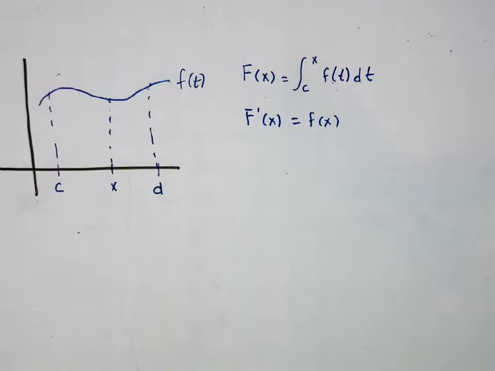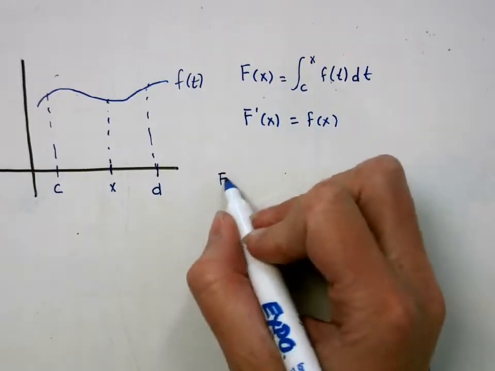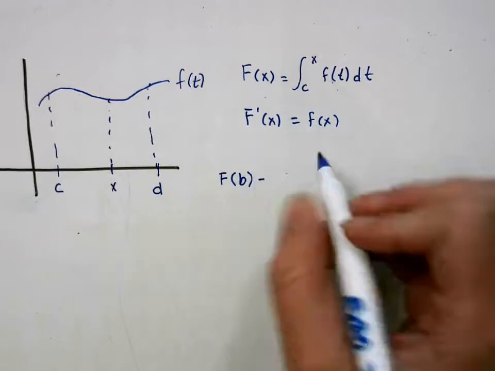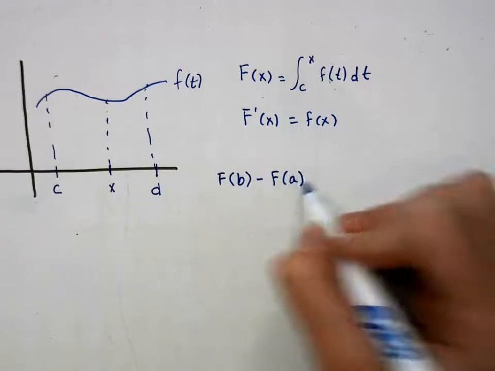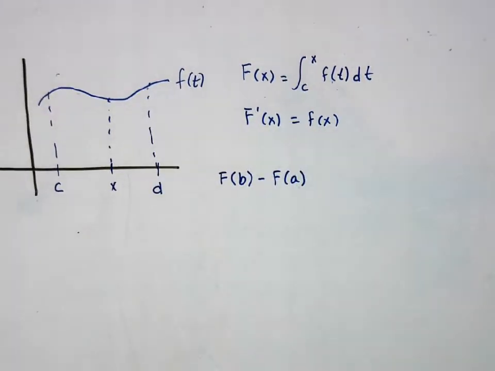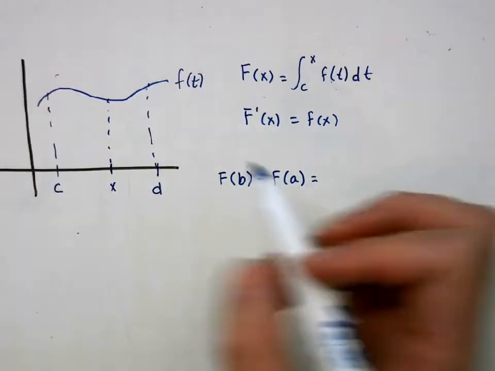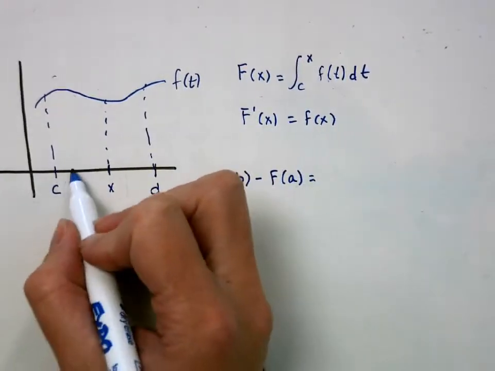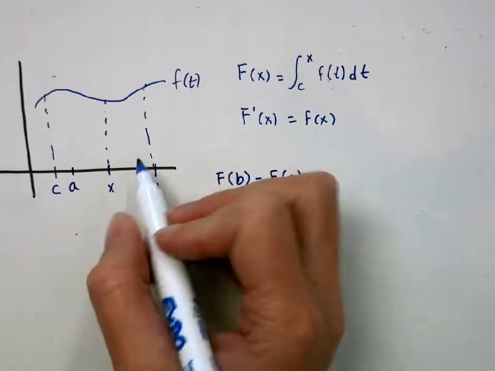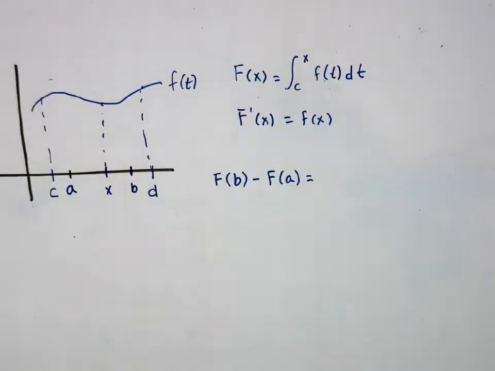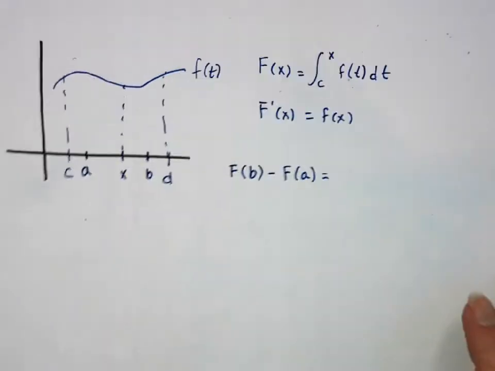Okay, so I'm going to look at F of b minus F of a. Well, these are just arbitrary points. I'm going to put a here, b here, where b is higher than a.